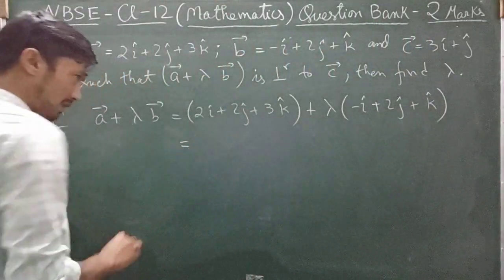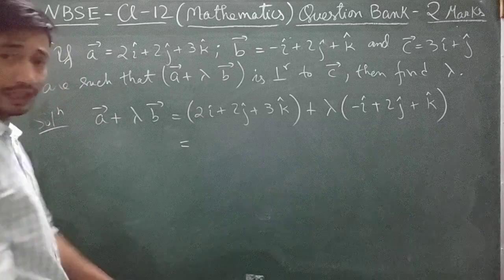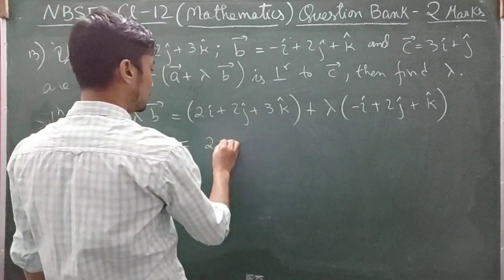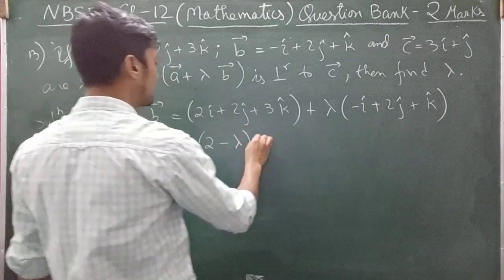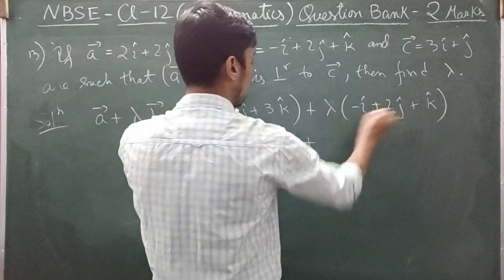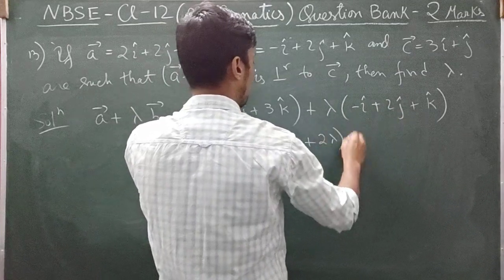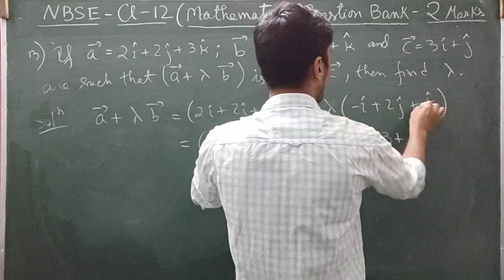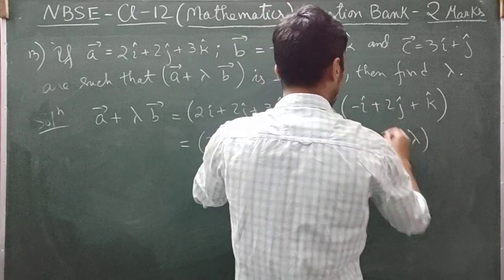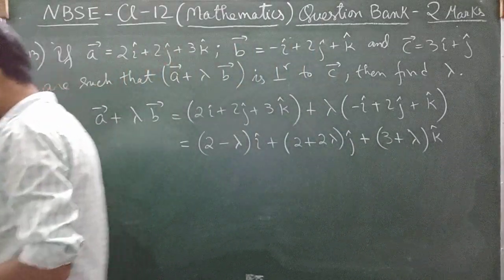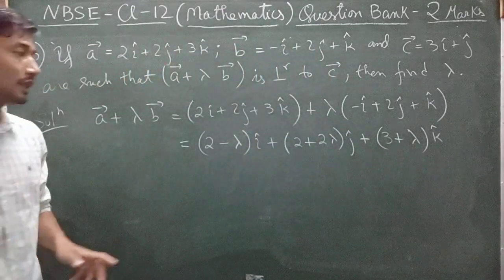So making some arrangement, i, j, k like vectors: (2 minus lambda) i plus (2 plus 2 lambda) j plus (3 plus lambda) k. So that's vector A plus lambda into vector B.